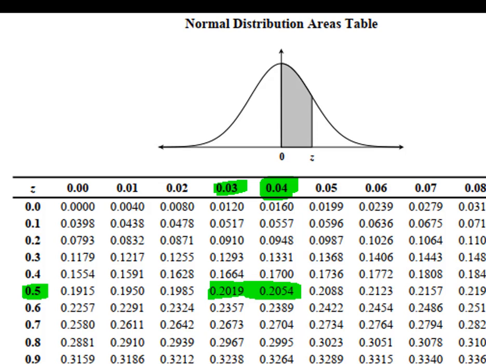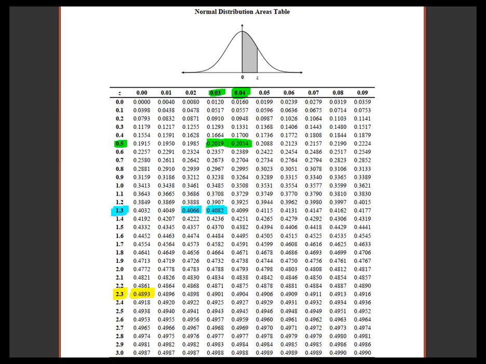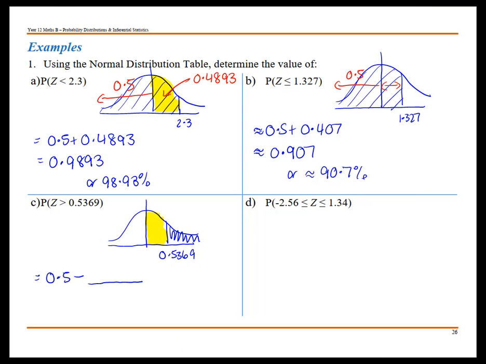So you might want to approximate it as approximately 0.204 in between. So it's approximately 0.204. That's approximate. So 0.5 minus 0.204 is going to be approximately 0.296 or 29.6%.